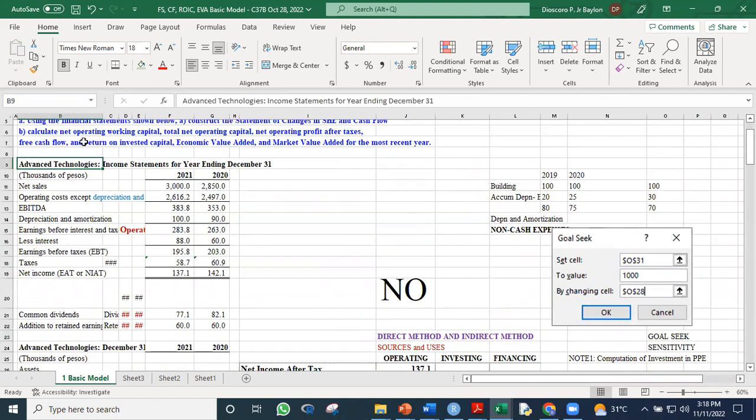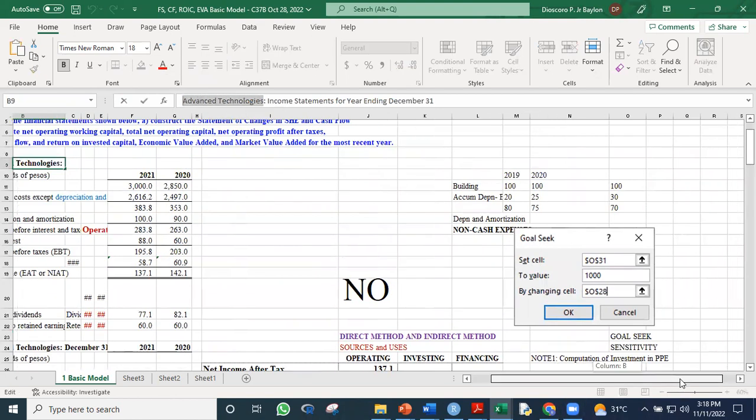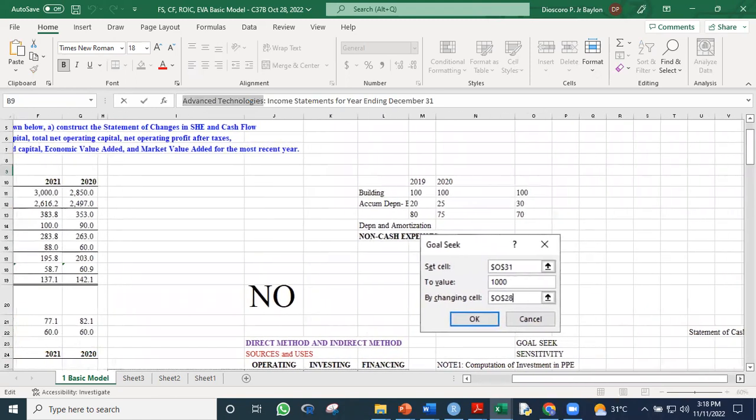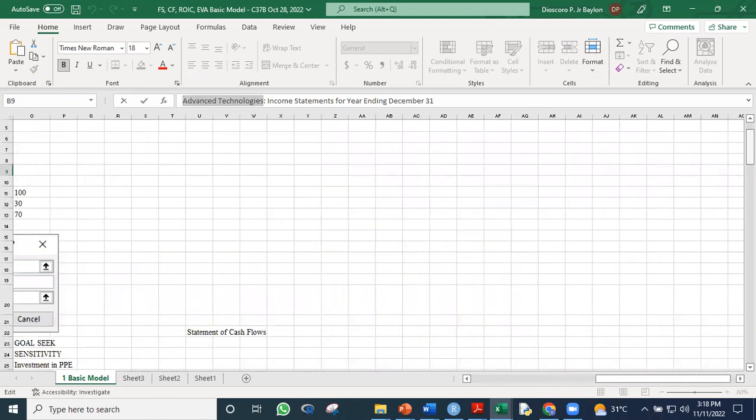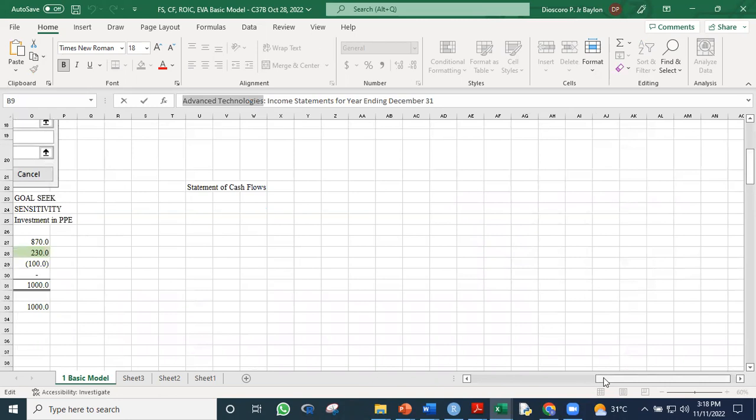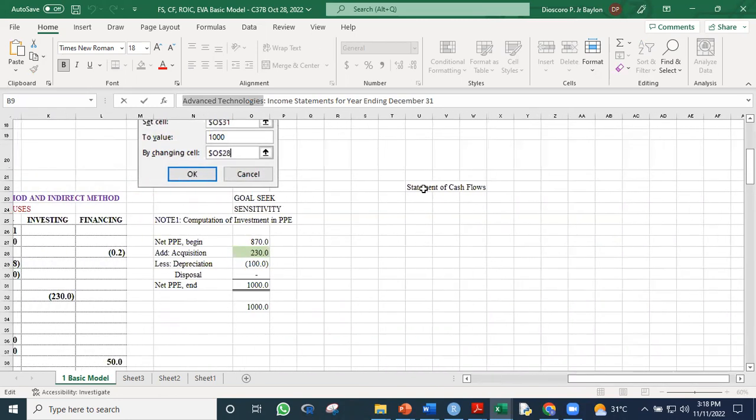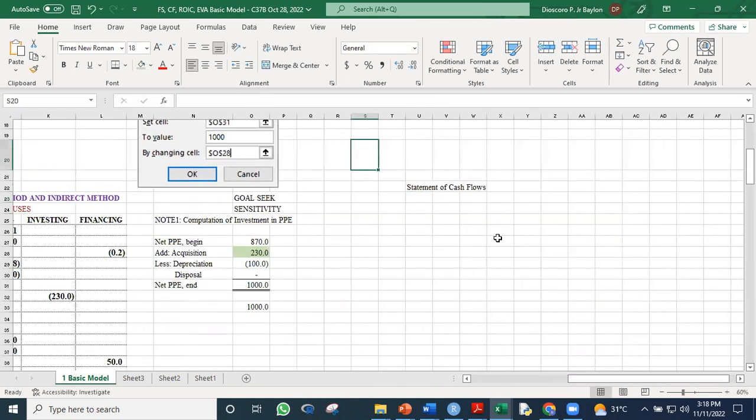Advanced Technologies. Control C. Okay, you may write in the place where I'm writing plus, so that we'll be in the same position. Control V. Let me put it here. Okay, so I'm starting writing at T22. Okay, you may wish to do that.